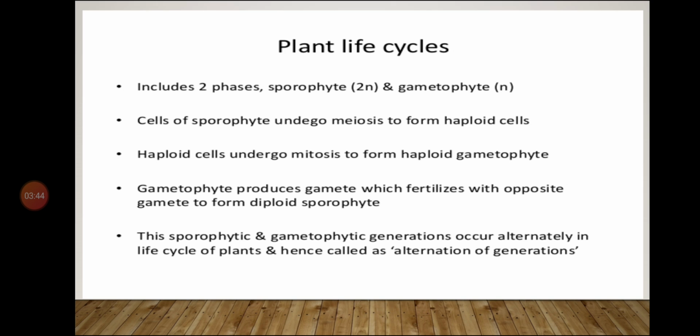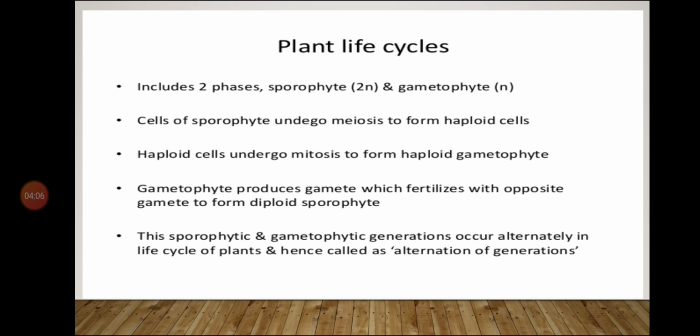You have seen the sporophyte undergoes meiosis and forms haploid cells. These haploid cells undergo mitosis and form the haploid gametophyte. That means from sporophyte, gametophyte is formed. And this gametophyte produces gametes, that is male and female gamete, which fertilize together and form the diploid sporophyte.